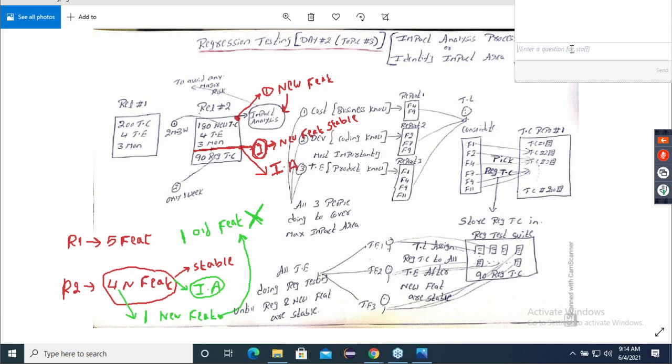Okay. In the beginning, suppose assume it's a very beginning stage. Let's assume I am here. Customer gave me new requirements. As soon as he gave me the new requirements, my team sat. They understood the requirement.